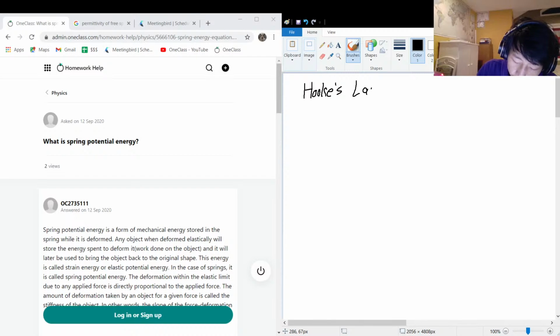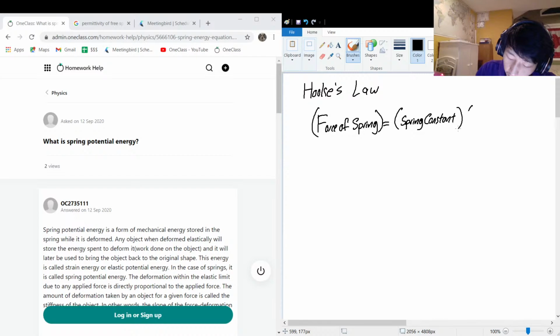Hooke's law states that the force of a spring is equal to the spring constant multiplied by the displacement of the spring, or the amount of stretch or compression of the spring.